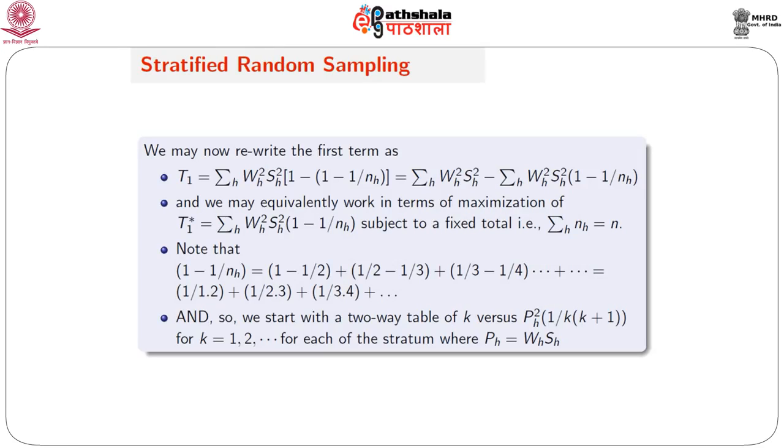So that tells you that you should possibly start with a two-way table of K versus PH square times 1 over K into (K plus 1) for K equal to 1, 2, 3, etc. for each of the stratum where PH is nothing but WH SH. So you know the WH and SH values, you compute PH square, and that you divide by K into (K plus 1), and let K be the running index 1, 2, 3, etc.